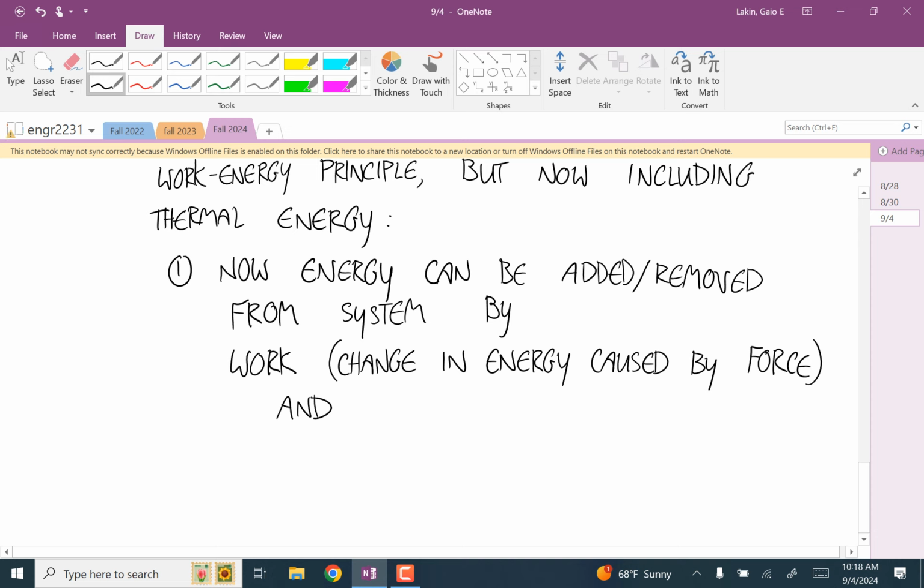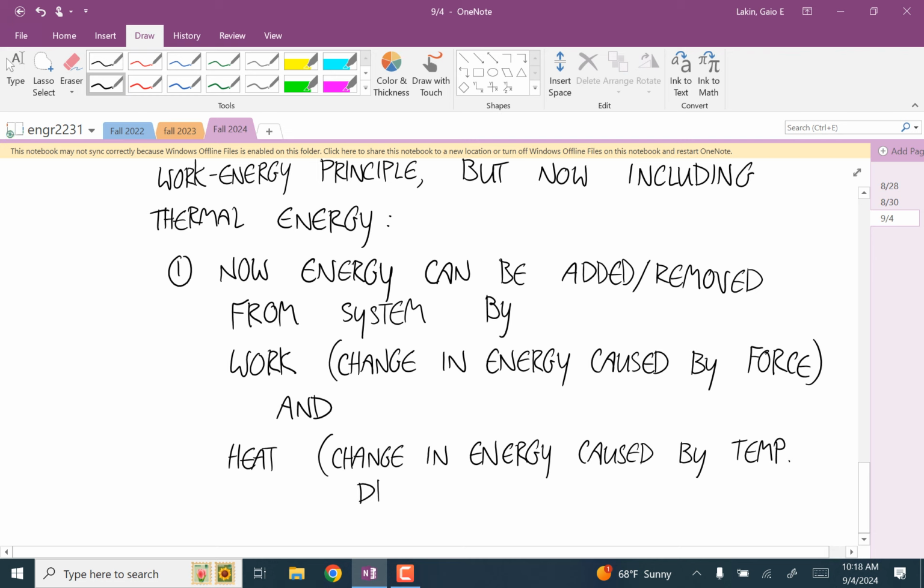And now, this is the new thing, energy can also be added or removed by heat. And heat is a change in energy caused by a temperature difference at the boundary.